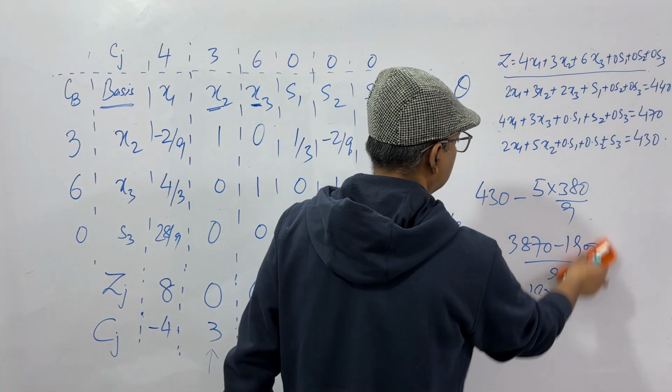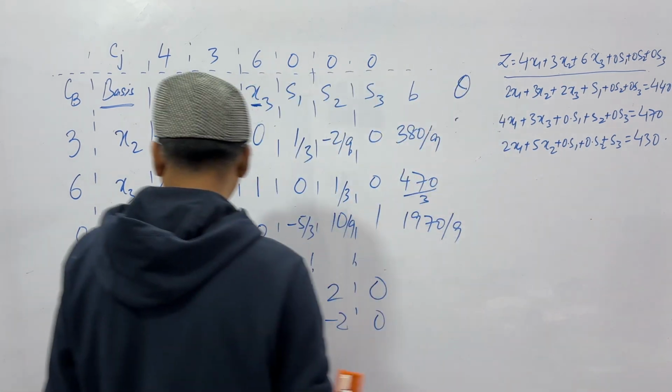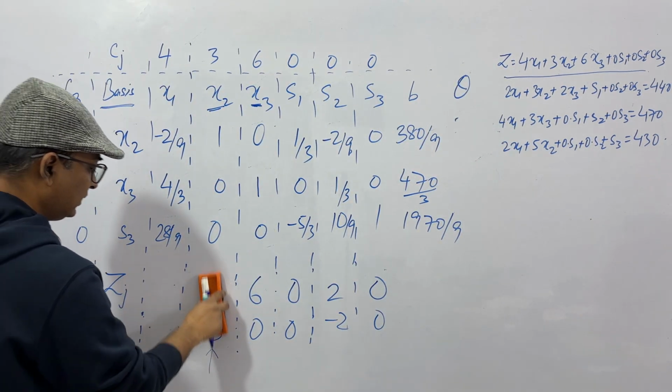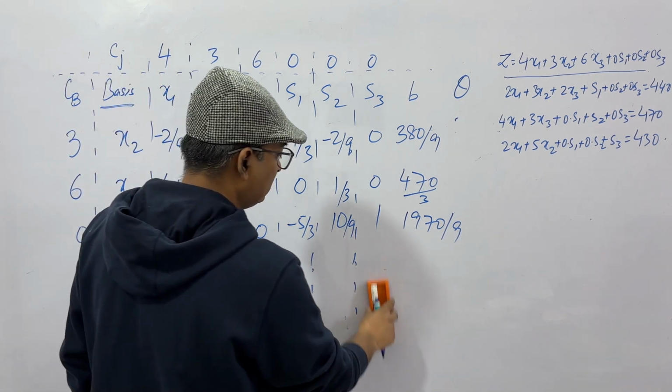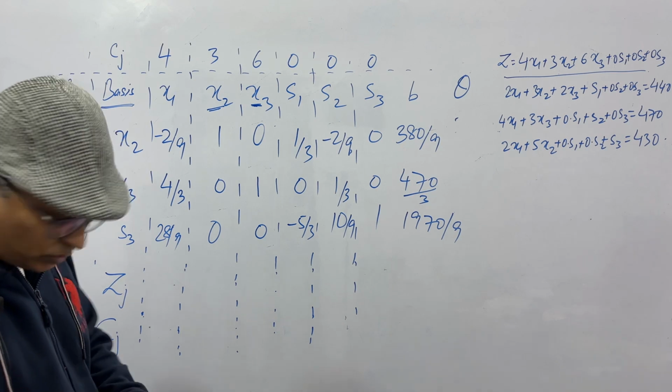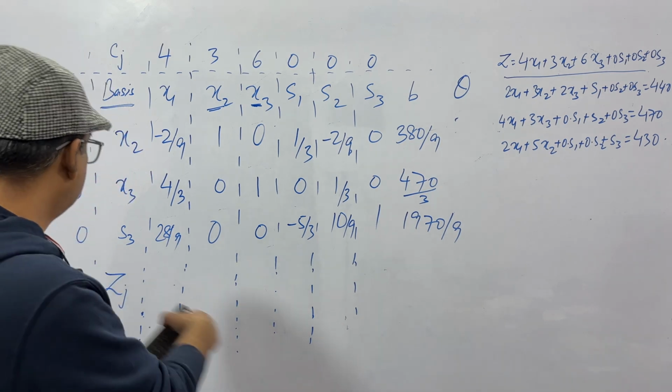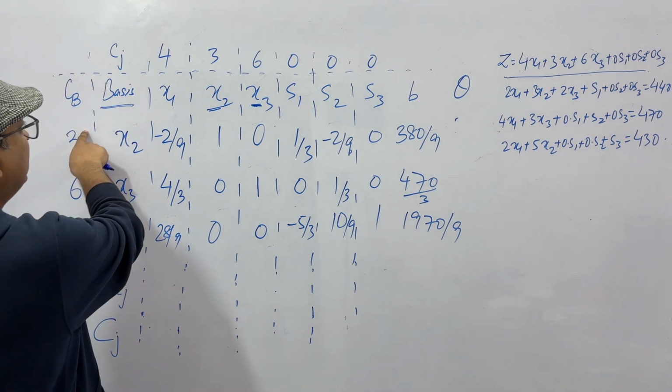Let's restart. Let's identify Zj and then Cj and see if all are negative. Okay, so let's start with this. This is this into this.